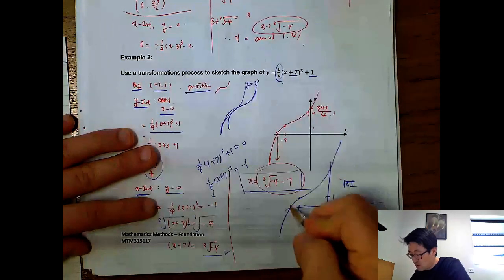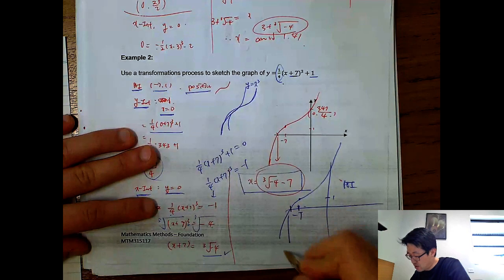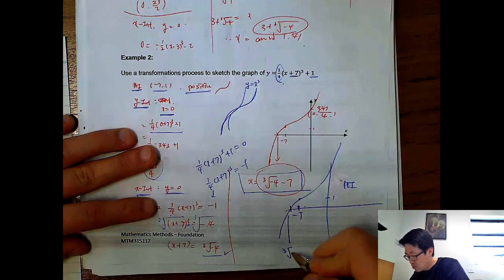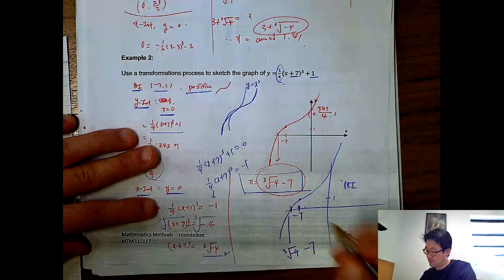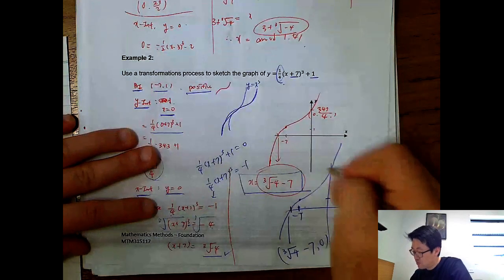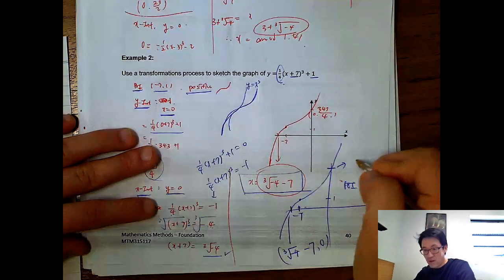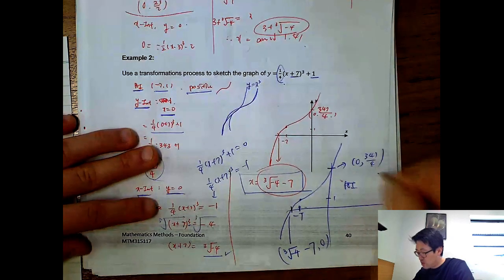And this one should be smaller than -7. Yep, that makes sense: cube root of -4 minus 7. And the y-intercept when x equals 0 is 347 over 4.